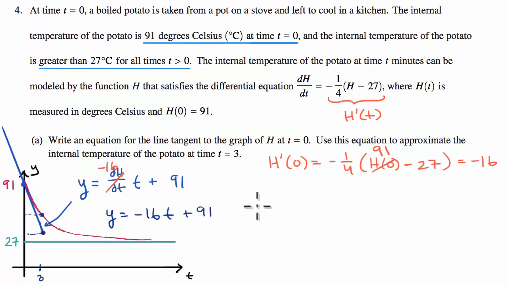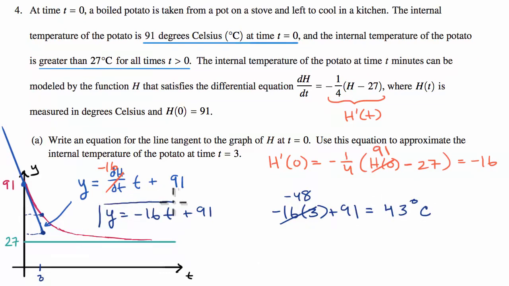So then we would get -16 times 3 plus 91 is equal to -48 plus 91, which is 43. So this is equal to 43 degrees Celsius. So this right over here is the equation for the line tangent to the graph of h at t is equal to 0. And this right over here is our approximation, using that tangent line, of the internal temperature of the potato at time t is equal to 3.